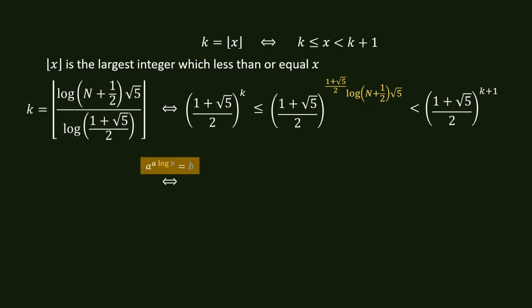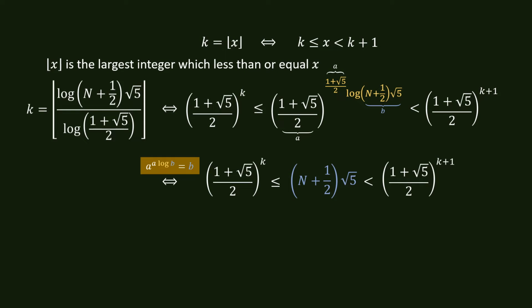Next, let's use this logarithm property on the middle logarithm quantity, with a equal to 1 plus square root of 5 over 2 and b equal to n plus half times square root of 5. So we get n plus half times square root of 5. Therefore, we get this inequality.